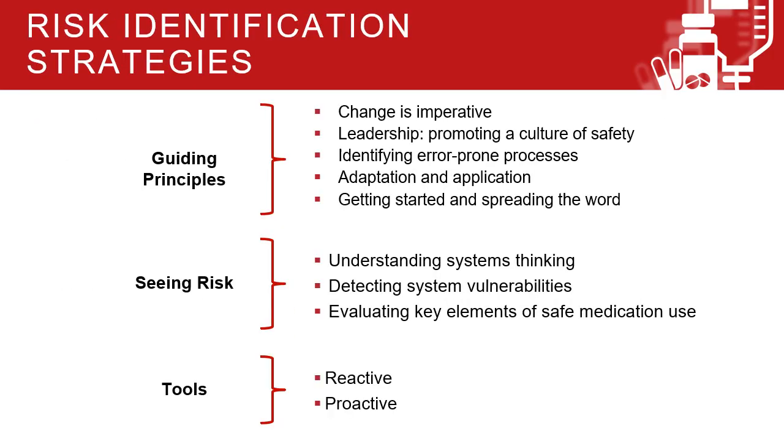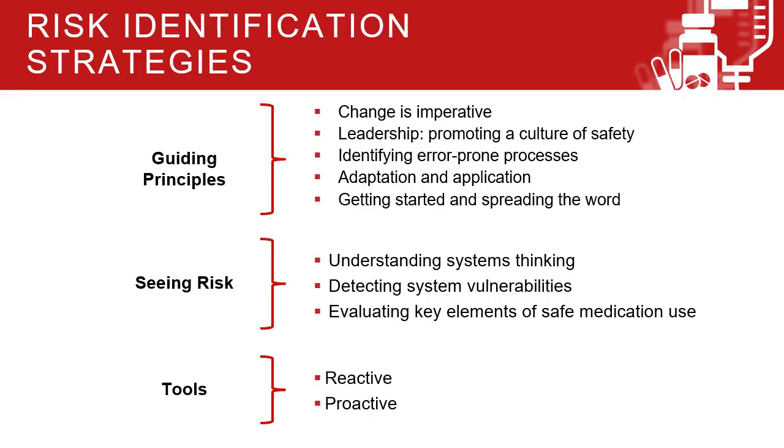So let's take stock now of what we've covered. As we've learned in the first section of this presentation, effective risk identification and medication safety requires a structured approach rooted in systems thinking. The Pathways for Medication Safety document outlines guiding principles that help organizations take a comprehensive approach to detecting and mitigating risks by focusing on principles like inspiring others to change, leadership support for a safety culture, identification of error-prone processes, adaptation and application, which is that concept of requiring a mindset of continuous learning, collaboration, and openness.